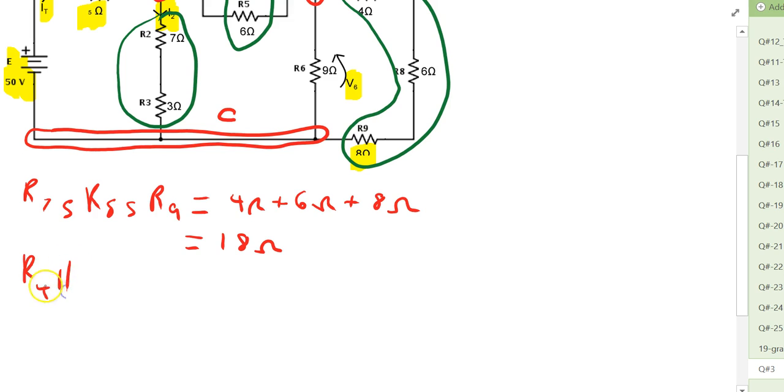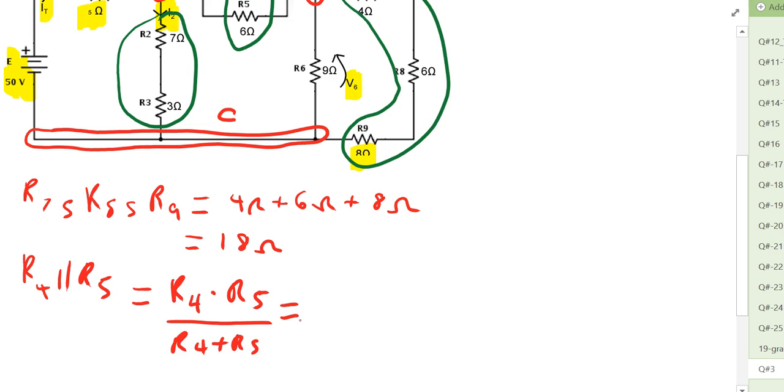R4 in parallel with R5, and we could use the reciprocal formula to determine the total of that resistance. But remember, one of our shortcuts was when there's only 2 resistors in parallel, we can say that the equivalent resistance is equal to the product of R4 times R5 over the sum R4 plus R5.